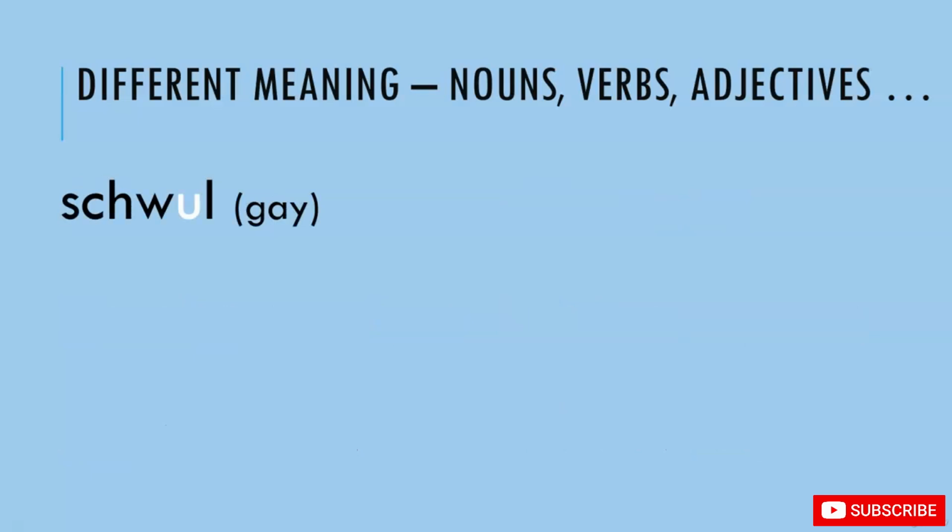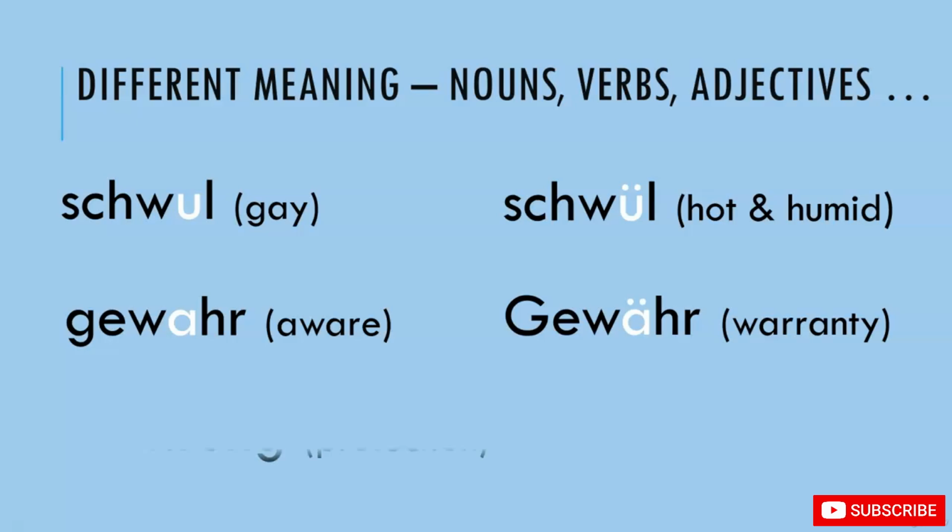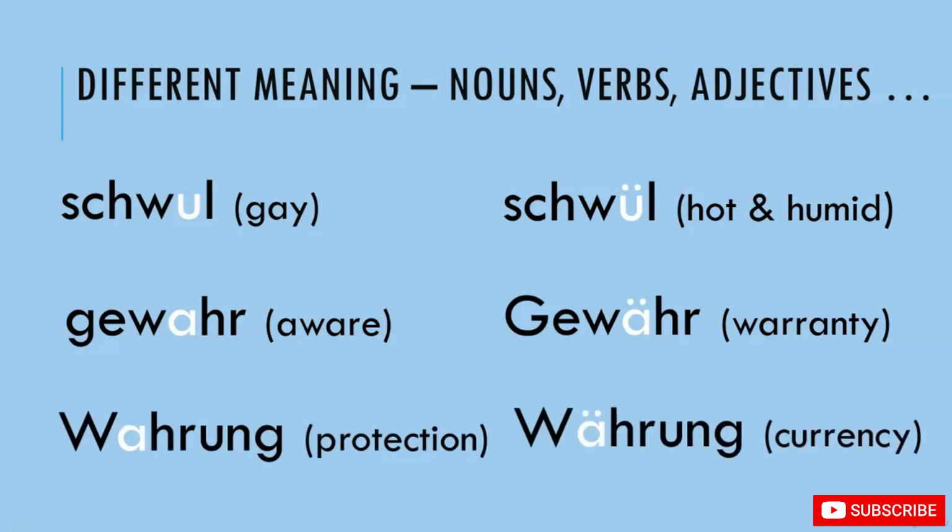Schwul, which means gay, and schwül, which is hot and humid. Gewahr, aware. Das Gewähr, the warranty. And that's Gewähr spelled with an A umlaut. There is another Gewehr spelled with an E, which is a gun. Wahrung, protection. Währung, currency.